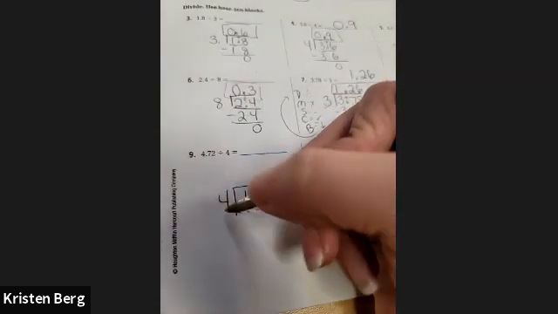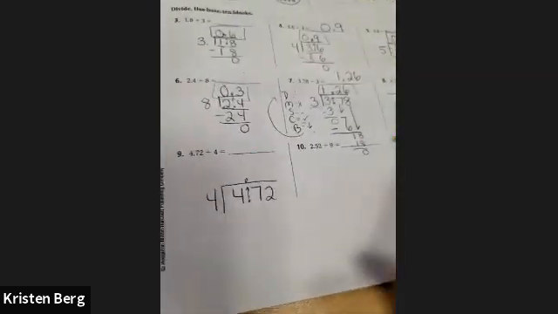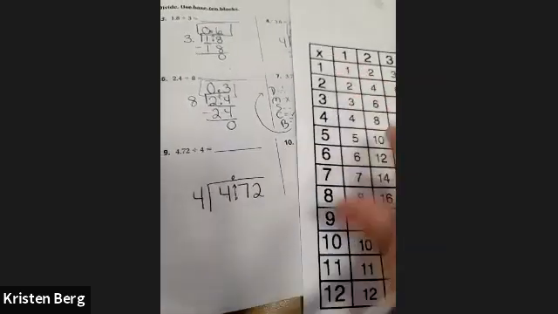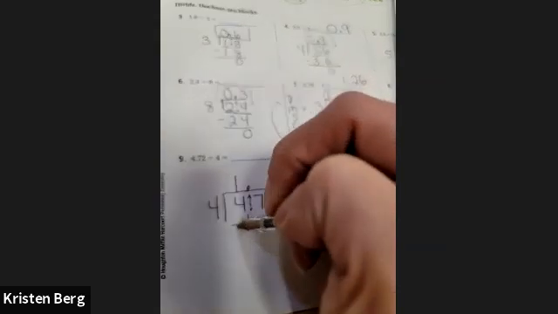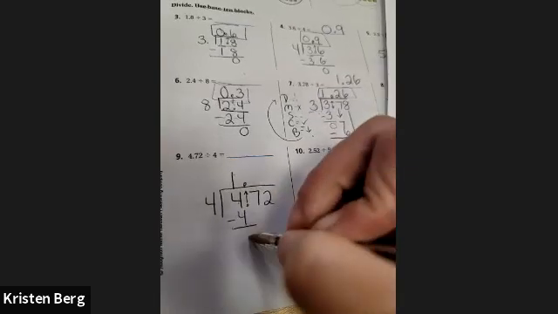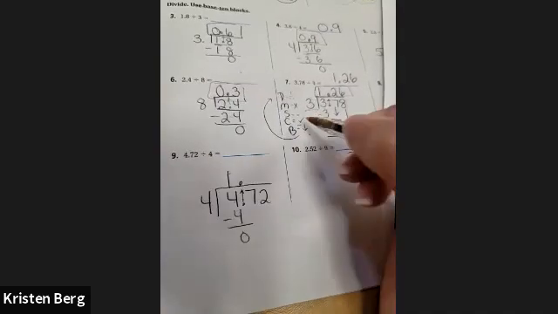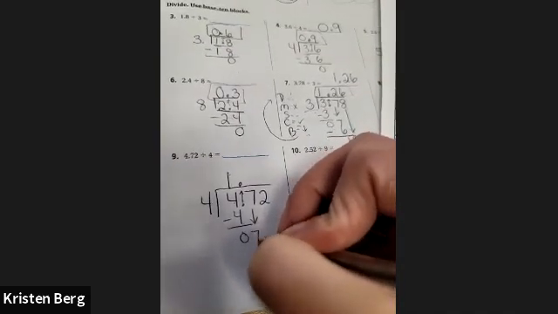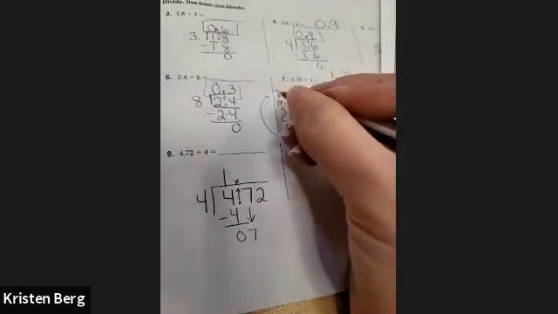All right, now can 4 go into 4? Yes. How many times? Once. So now we multiply. 4 times 1 is 4. Subtract, like here's our steps. That would be 0. Now we check and make sure it's smaller than our divisor, which it is. So then you bring down your next number. This is 7. Then you start back up at the top.